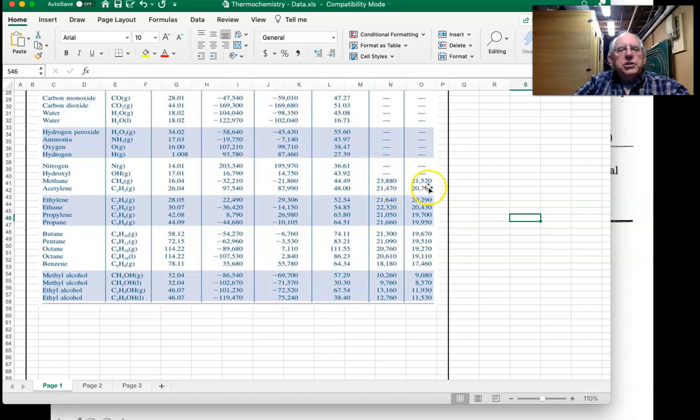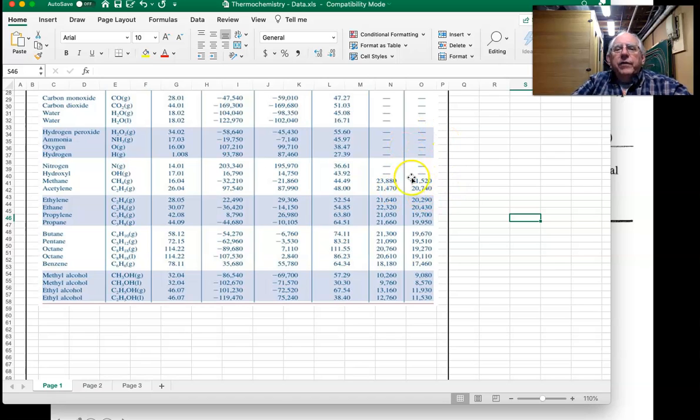So what you see is for methane, 23,880 BTUs per pound of methane would be released, or would have to be pulled out of the reaction vessel in order for the products to come out at the reactant or reference temperature.